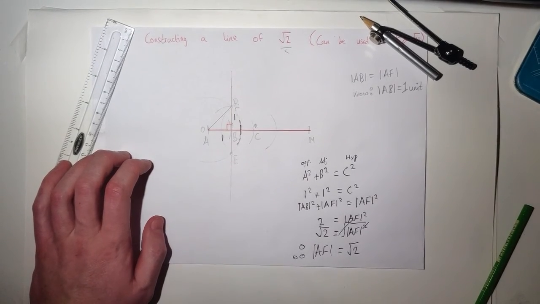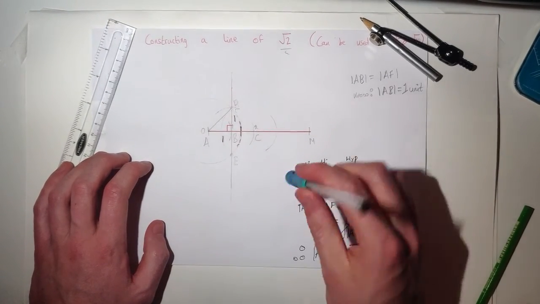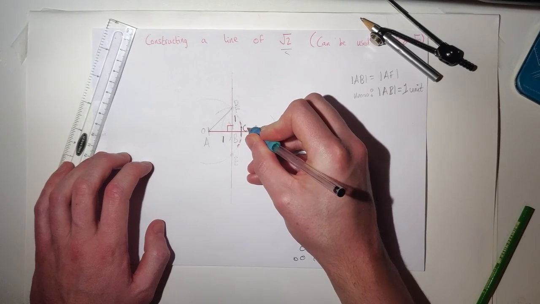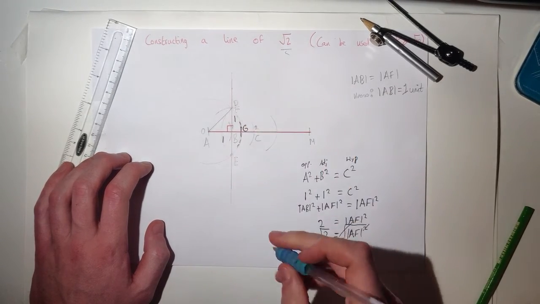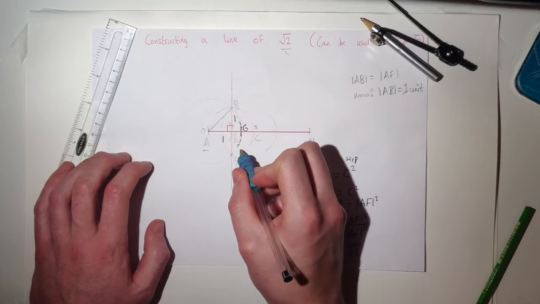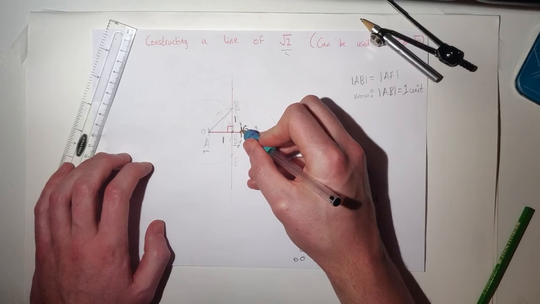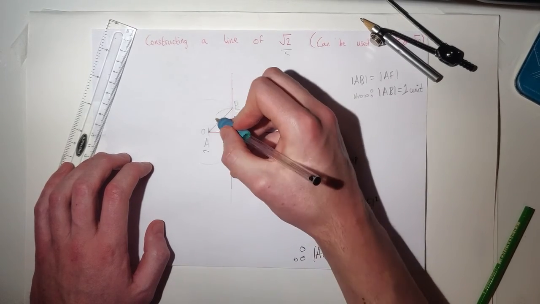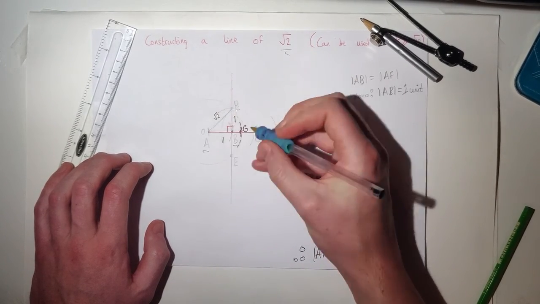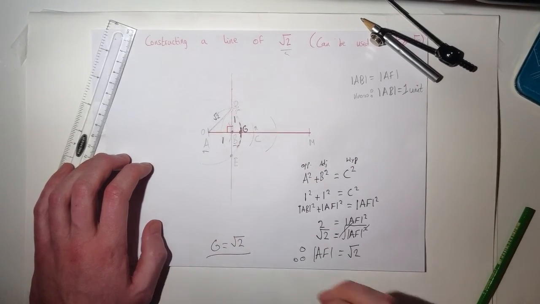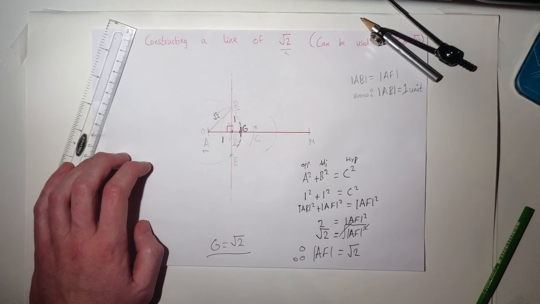And it doesn't matter what we call this, but we've gone from A to F, so the next letter we have in the alphabet is G. So we're going to call this G. So now we know that A to B, which is here, is 1 unit. So this G here, because we've measured A to F, which is root 2, that G is equal to root 2. And that's how you construct your line of root 2.